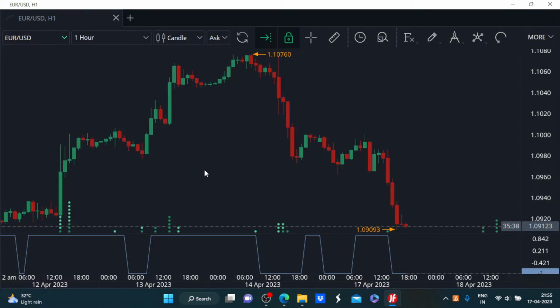And with this clarity, you can have the confidence to enter into the market in the given direction. So that is one more advantage of this indicator with clearly defined output values.